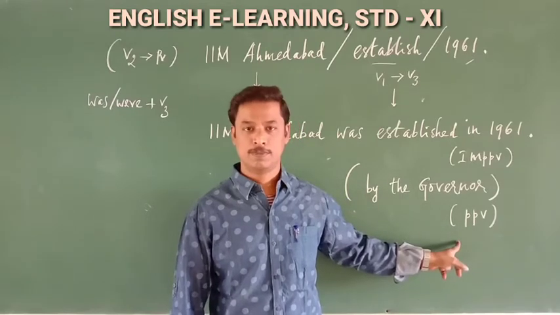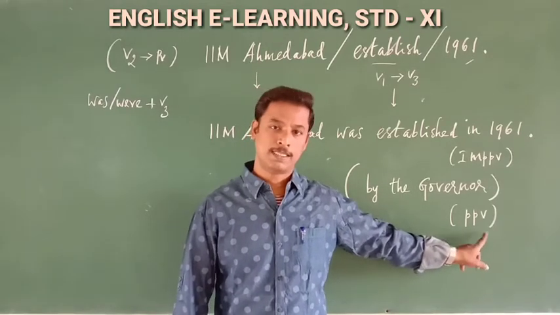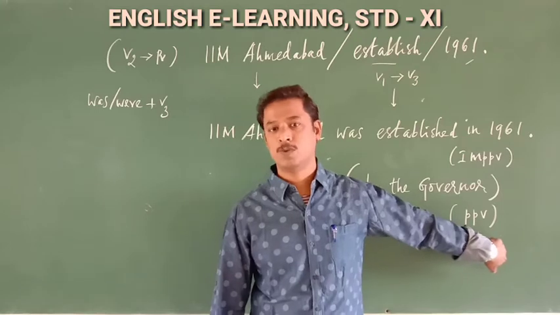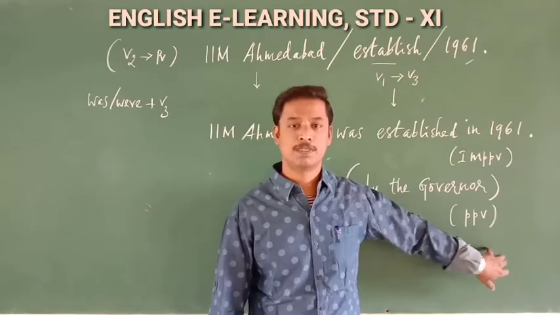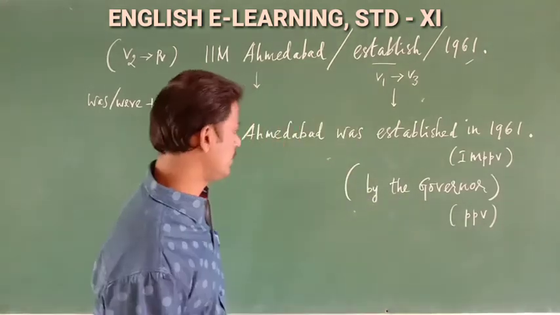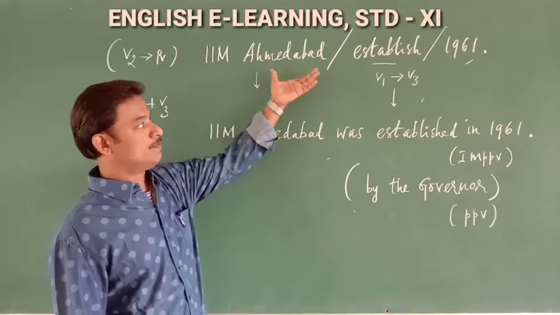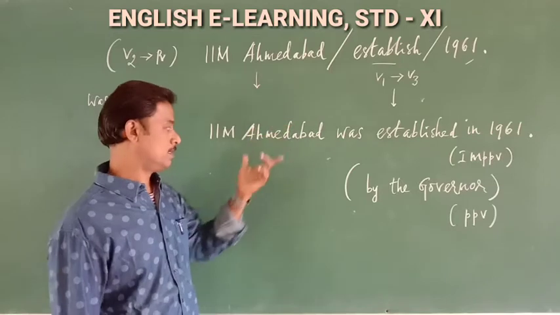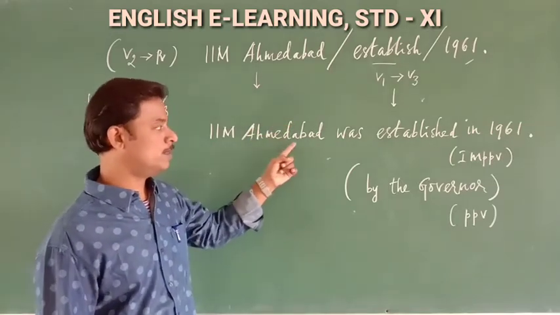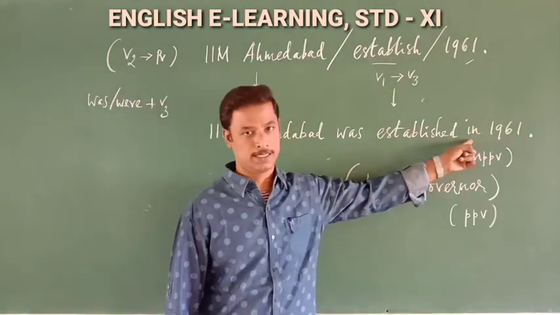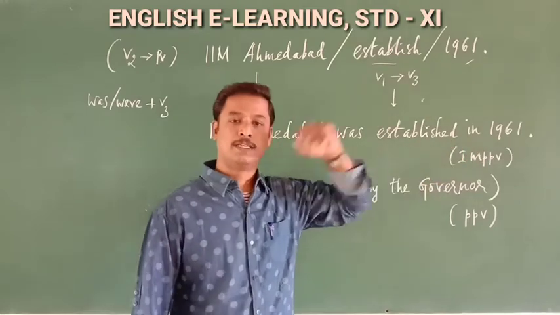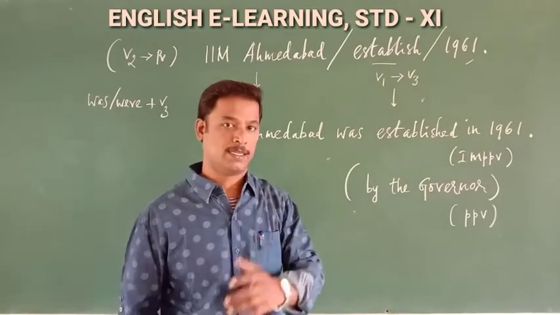P refers to personal, second P refers to passive, the next letter V refers to voice. PPV, that means personal passive voice. Okay, students. The passive construction of this verse is IIM Ahmedabad was established in 1961. Right. Let me take you to the next example.